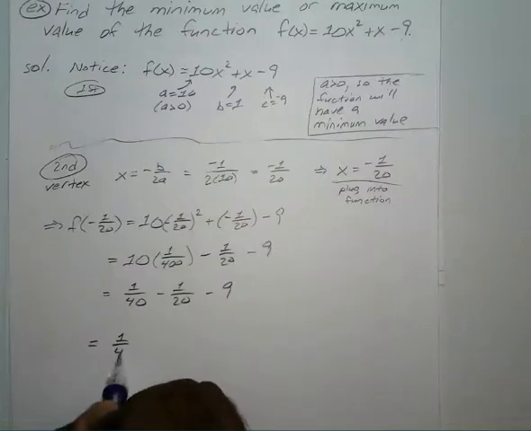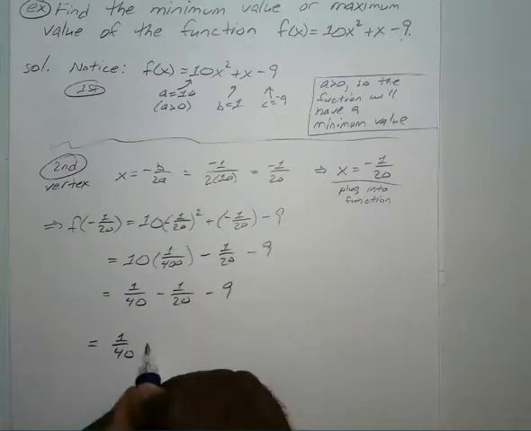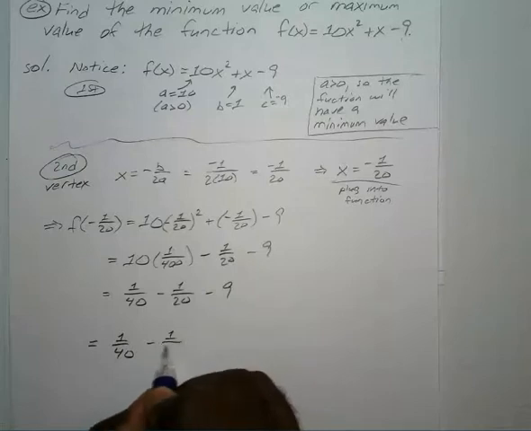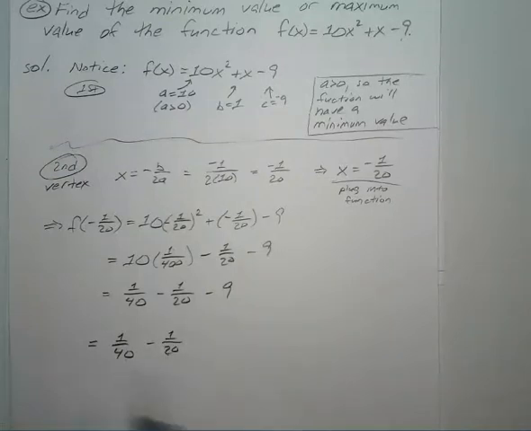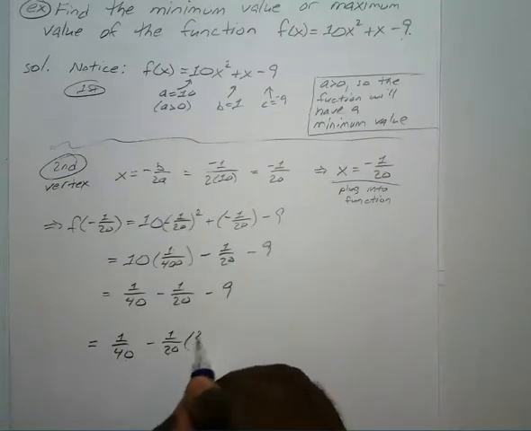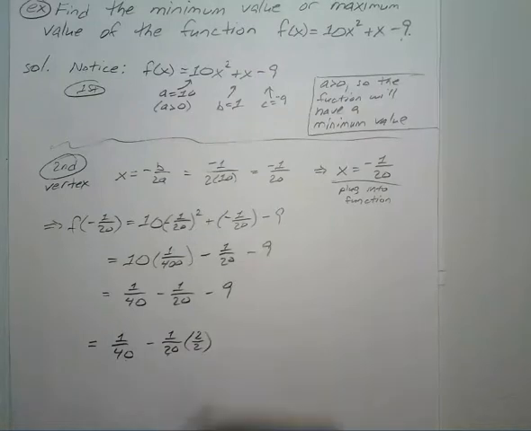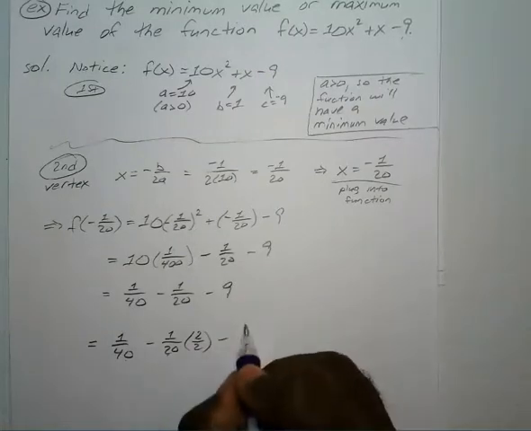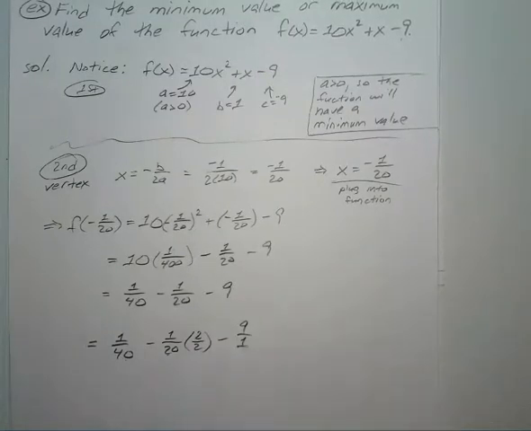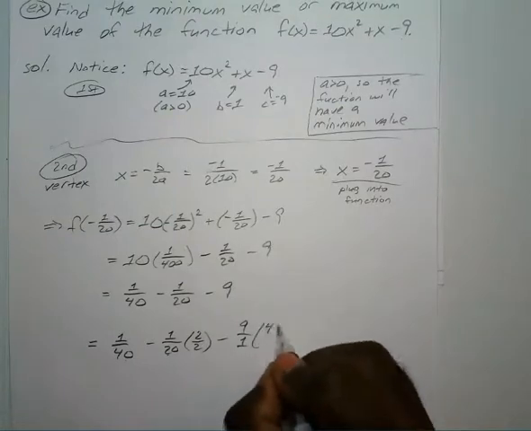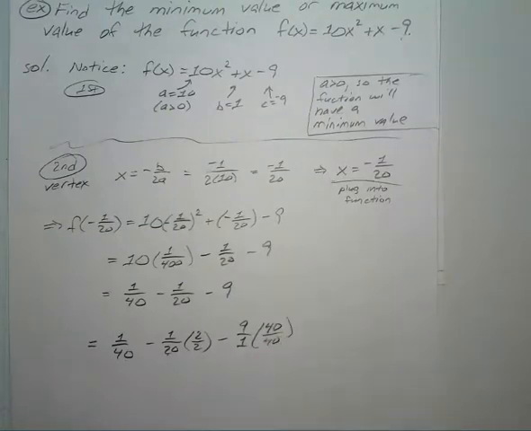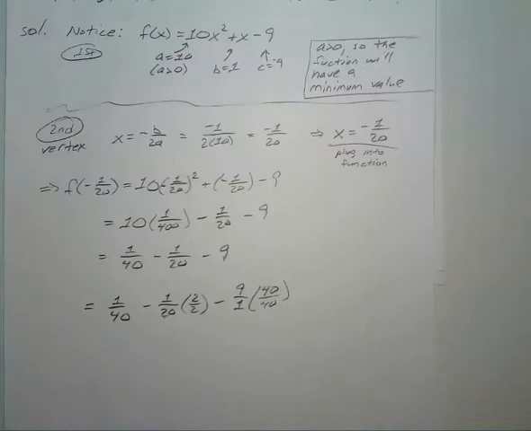So we're going to make this 1 over 40 minus the 1 over 20. We can actually make that 20 equal 40, so we'll multiply this by 2 over 2. Minus, and instead of 9, we'll make that 9 over 1, and multiply that by 40 over 40, just to give them all the same denominator.